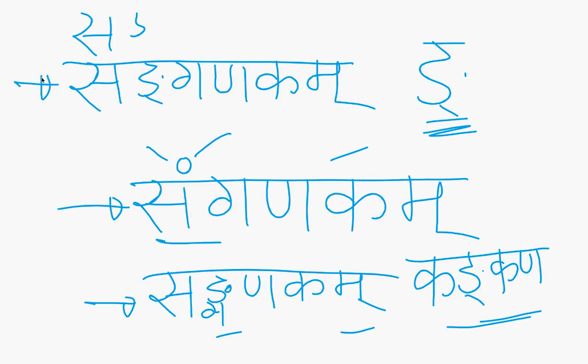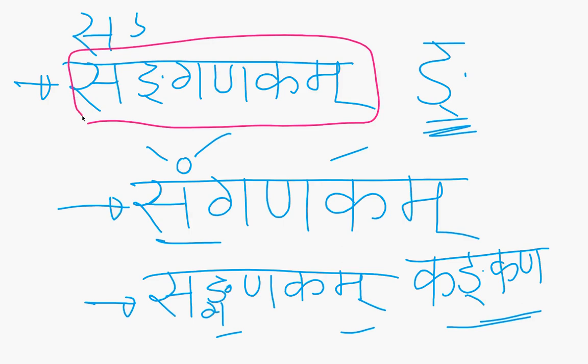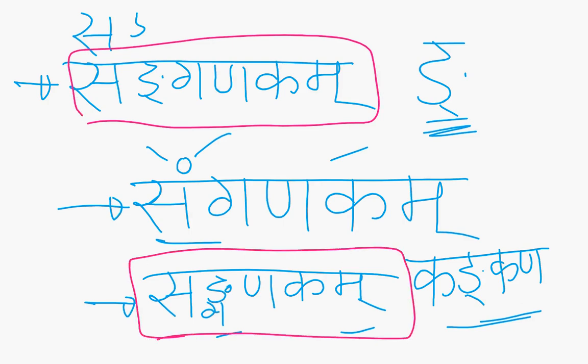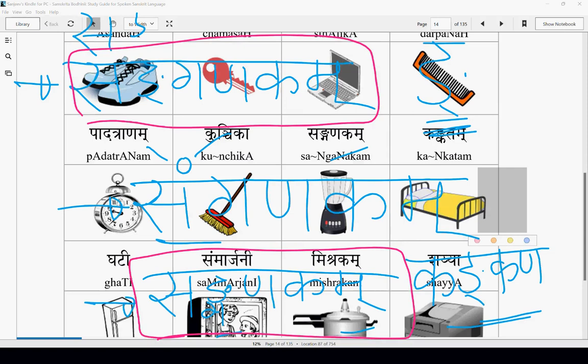So either you write it like this, the first one which I marked in red here, or write it like this in Devanagari Lipi. Both pronunciations are exactly the same. Sanganakam. Yes. Thank you.